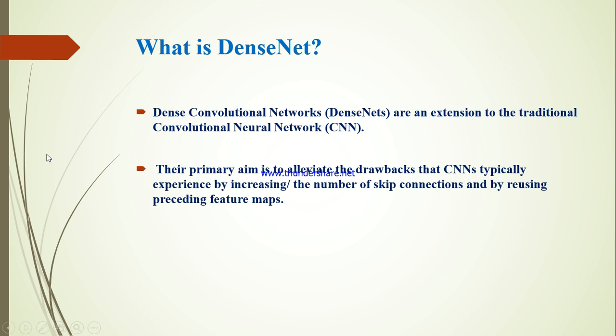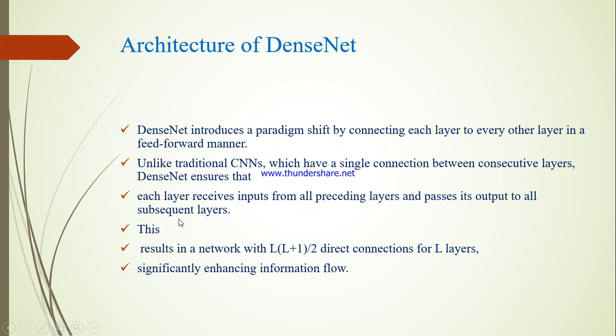The primary motive of using DenseNet is to avoid the drawbacks of CNN, that means increasing the number of skip connections and reducing the preceding of feature maps too. If you want to understand everything, we need some understanding of the DenseNet architecture here.